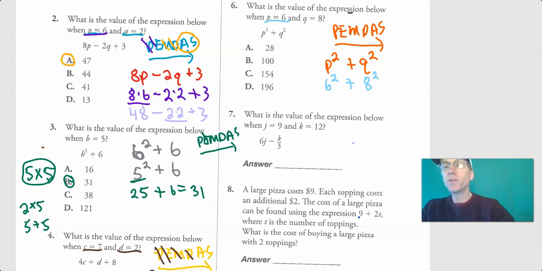Remember that 6 to the power of 2 means 6 times 6. So what is 6 times 6? You've got to know those math facts. 36. 8 to the power of 2 means 8 times 8, not 8 plus 8. 8 times 8 is 64.